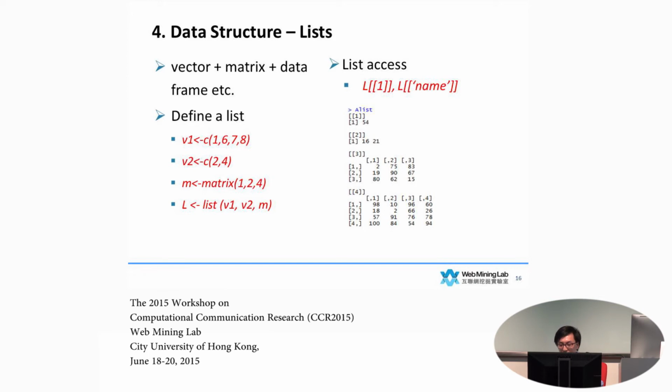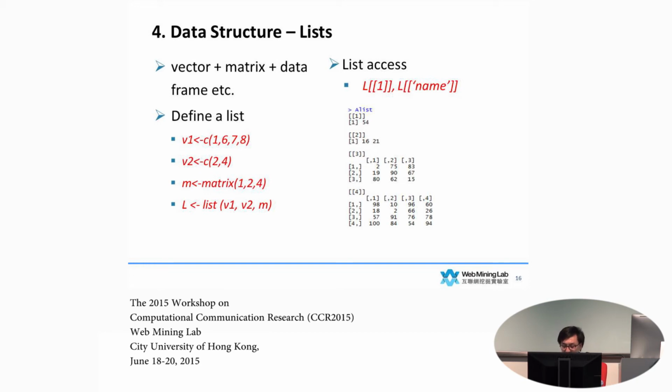The first element is a vector, okay? The second is a matrix like this one, and the third is a data frame. We just combine all together in a list.